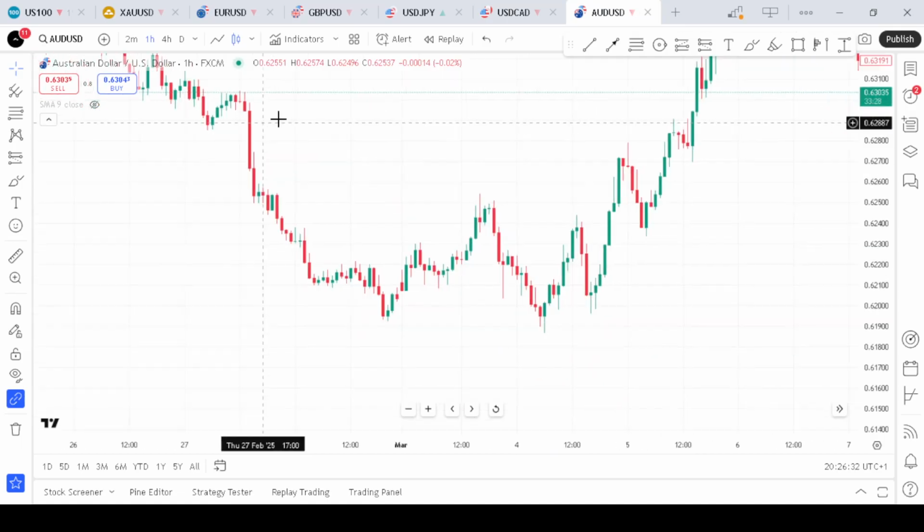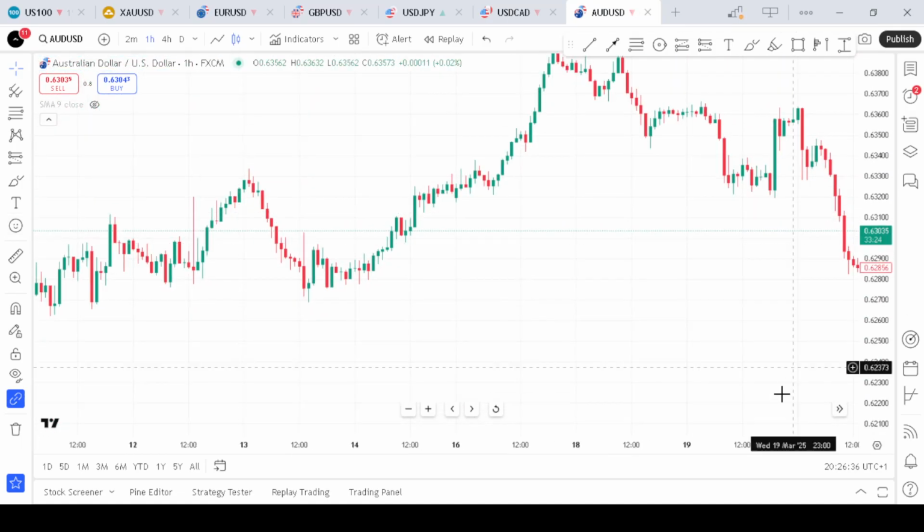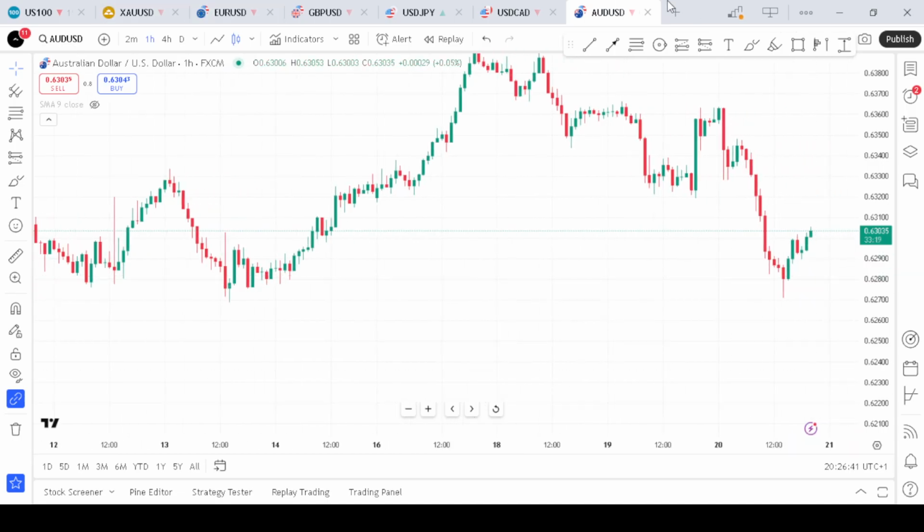These are the pairs you want to use when the US dollar is showing strong weakness, because when the US dollar is weak, all these pairs will be moving in the same direction.